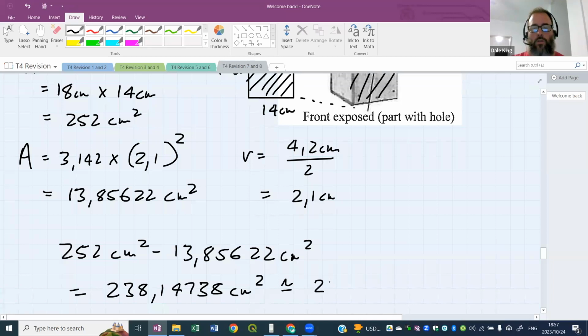Rounded off is 238,15 centimeters squared. Well done.